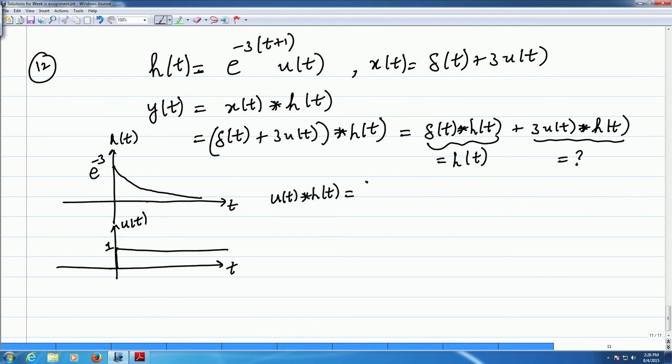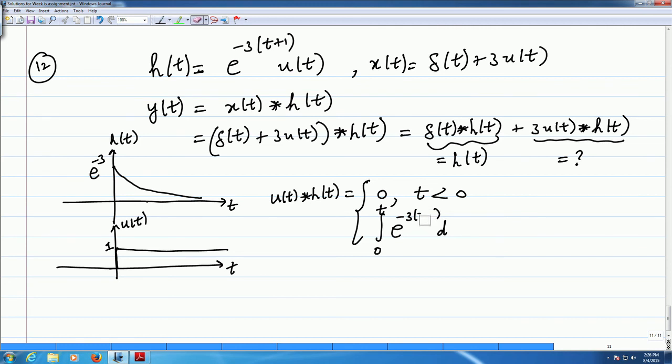Okay, so that is an easy thing to write down. Okay, so you know it's 0 for t less than 0, and for t positive, you will get an integral from 0 to t, and u of t is just 1. You just have to multiply and do e power minus 3 tau plus 1 d tau.